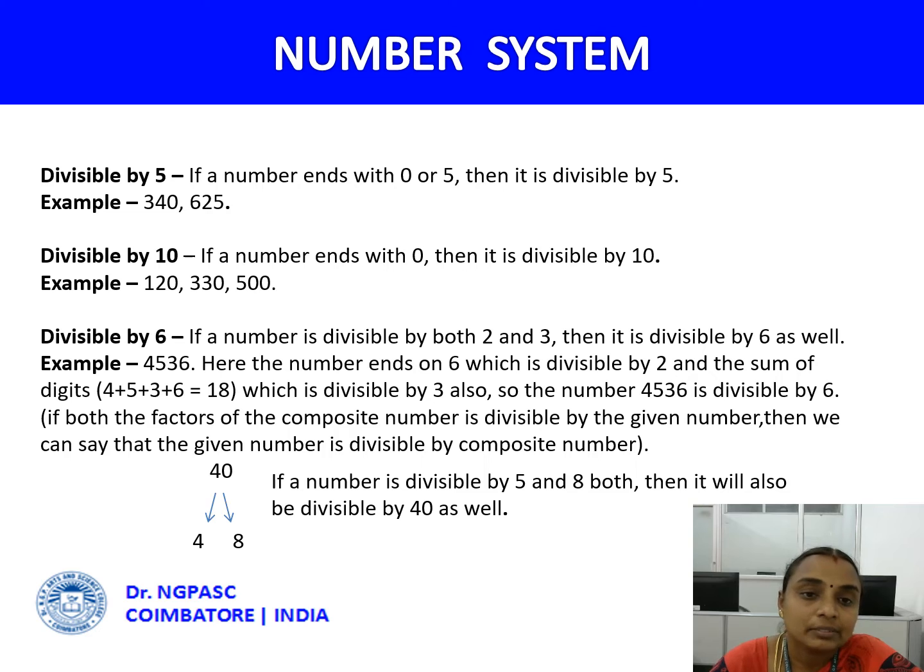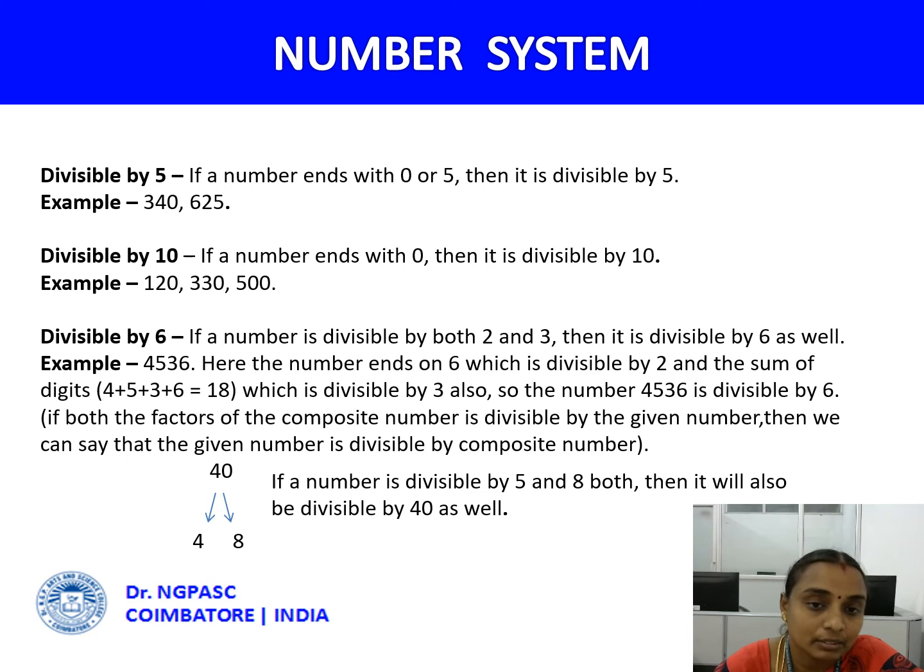Next, you all know about 5 and 10. If the number ends with 0 or 5, we can say the number is divisible by 5. For 10, if a number ends with 0, then it is divisible by 10. Then coming to the divisibility rule for 6. For 6, we have two main factors, that is 2 and 3.